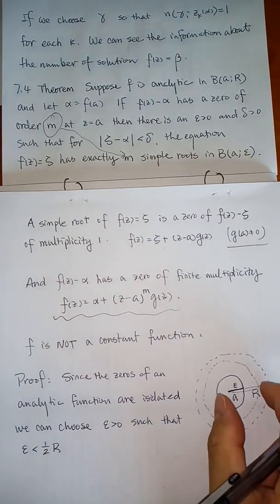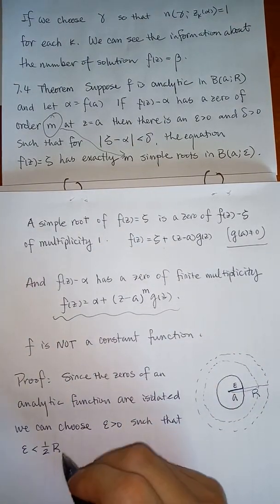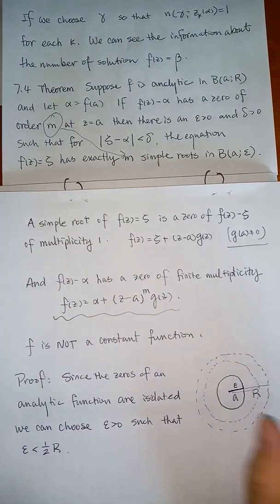We require twice epsilon is less than r. So this is an epsilon condition.